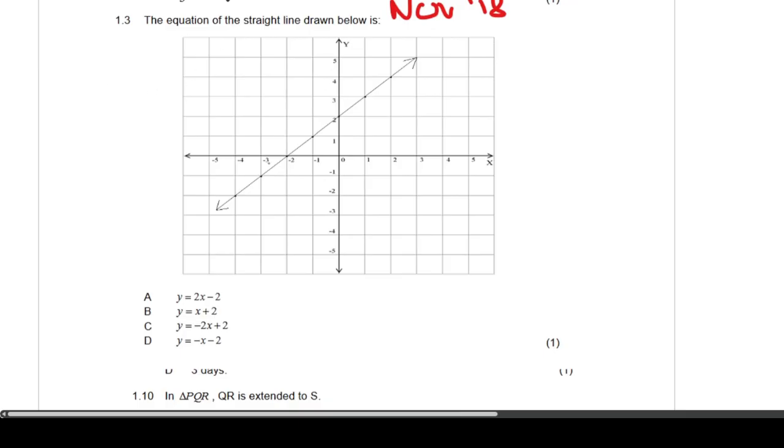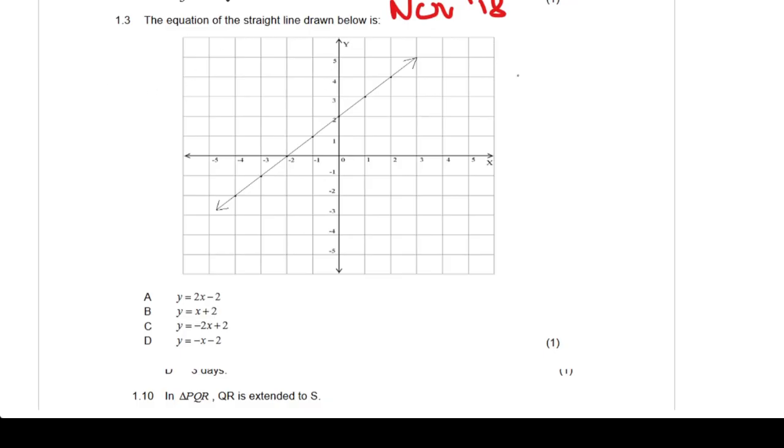Equation of a straight line is drawn below. All right, first, what is a straight line? A straight line is y is equal to mx plus c, right? Where y is your value on your y-axis, x is your value on your x-axis.